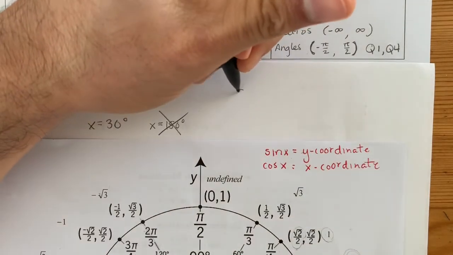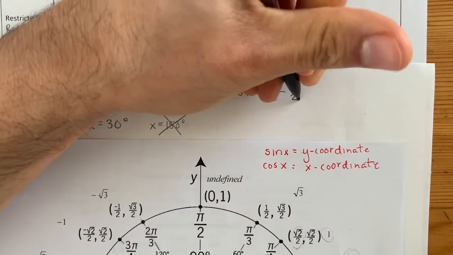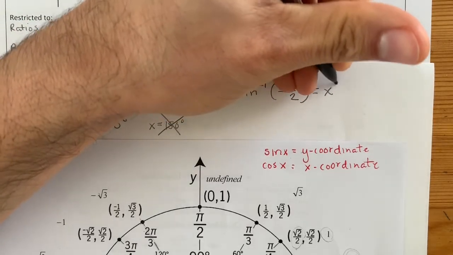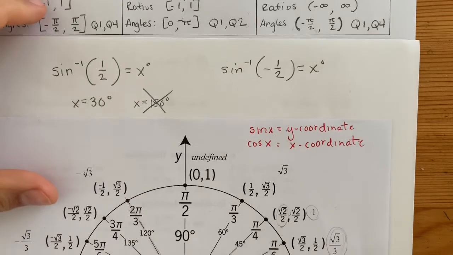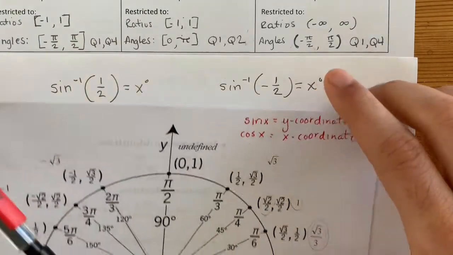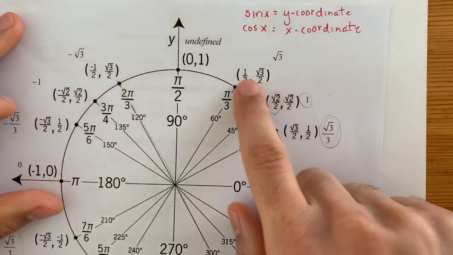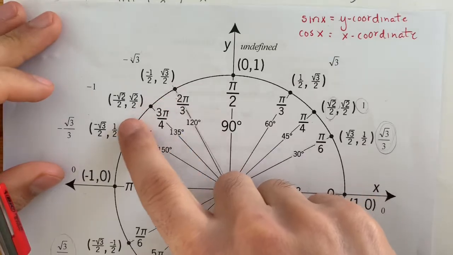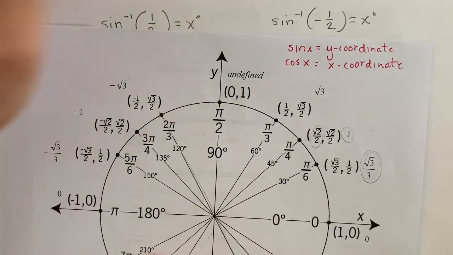Let me do another one like that. This time I'm going to do negative 1/2. And this time, yeah, I'll do it in degrees for now. So for this angle at negative 1/2, I'll look on the unit circle, and the negative 1/2 y value is here at 210.